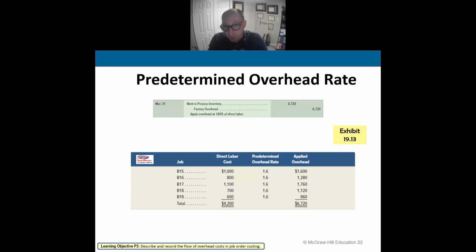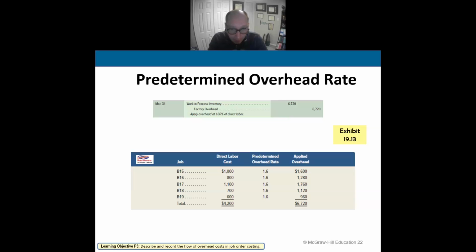We apply that to each job. So in the first example, it's 1.6 or 160% of direct labor. If the direct labor for one job, B15, is $1,000, then we know that the applied overhead is going to be 1,600.